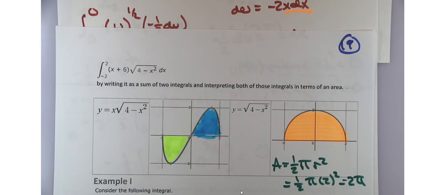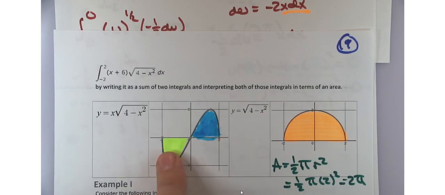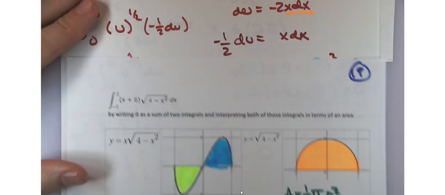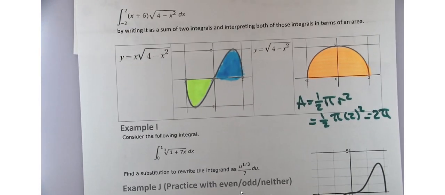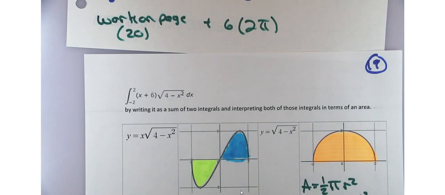That's because this is an odd function. If you have an odd function over a symmetric interval, that's going to happen. So if you've got an odd function over a symmetric interval, it's probably a good thing to notice it. In general, let's write down ourselves a little rule.